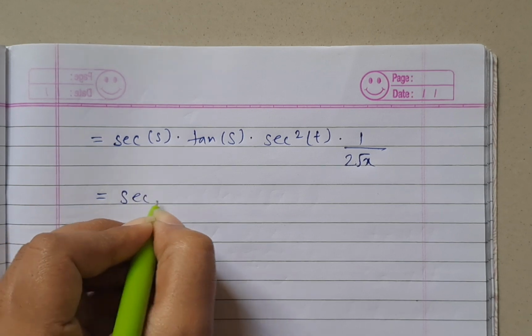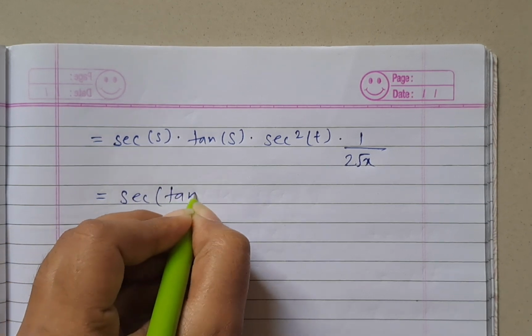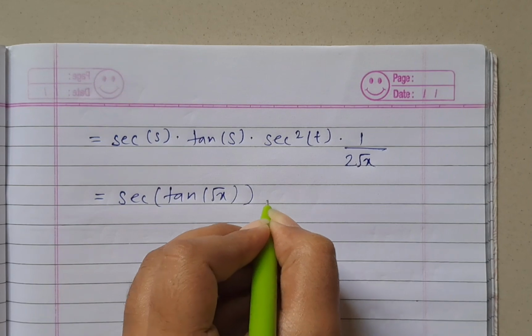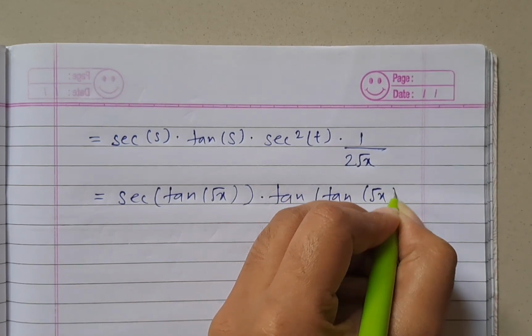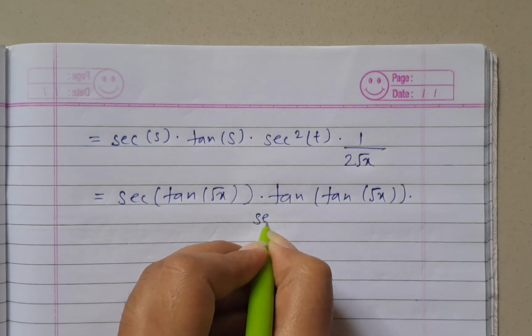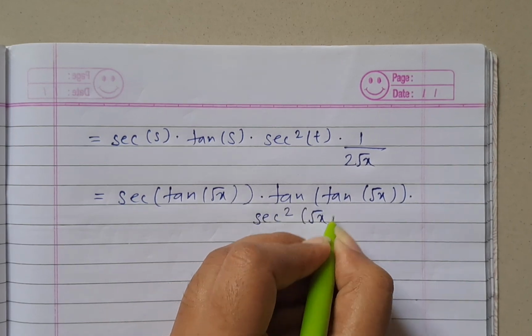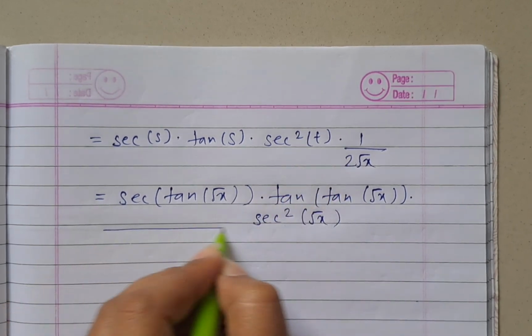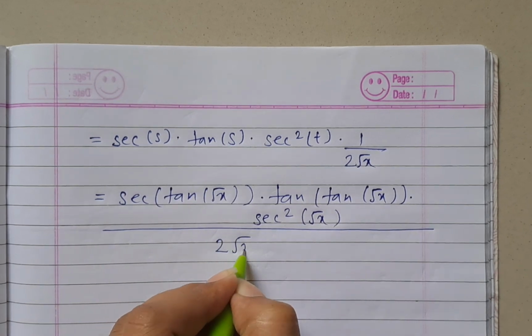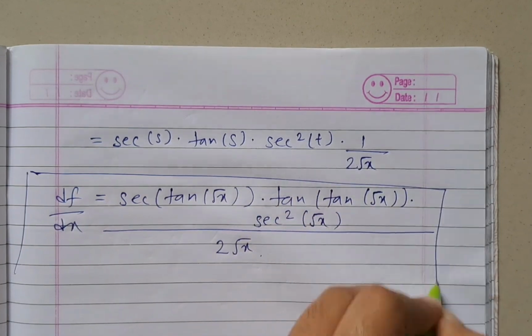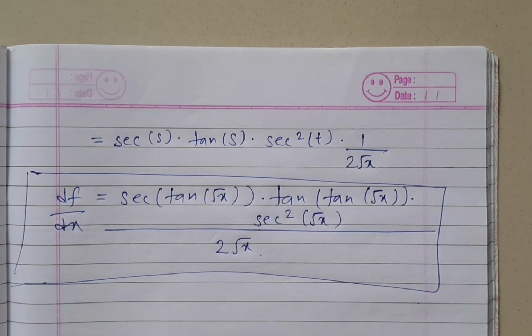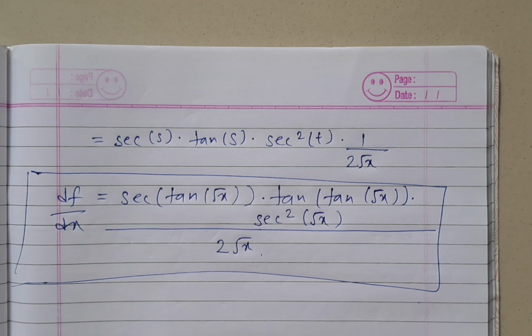So it will be sec of tan of root of x into tan of root x into sec square of root x, because t was root x, whole upon 2 root of x. So df by dx is equals to sec of tan of root x into tan of root x into sec square of root x whole upon 2 of root x.